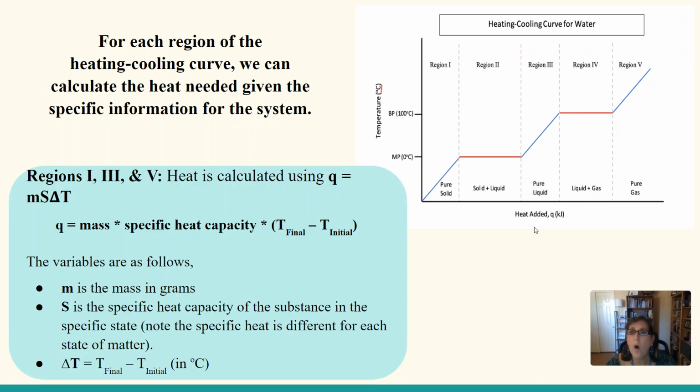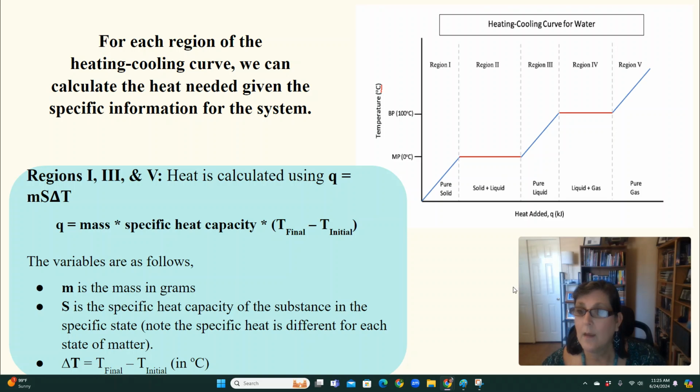For regions 1, 3, and 5, the heat is calculated using Q equals ms delta T, which we've already seen. So here it is again. Q is heat, M is mass in grams, S is specific heat capacity.